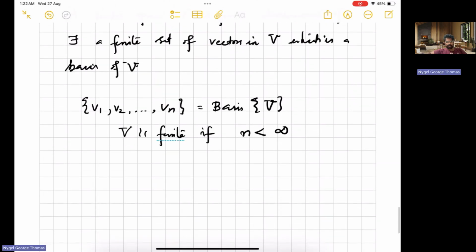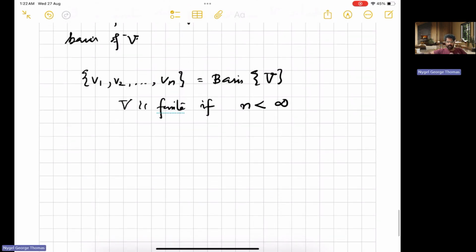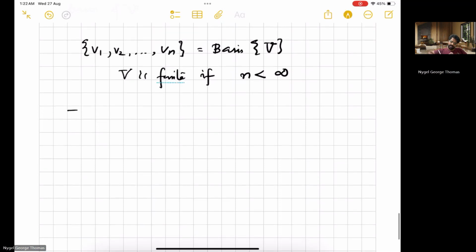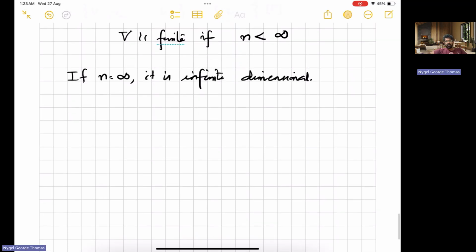That's what we meant there. So if n is equal to infinity, then it is infinite dimensional.